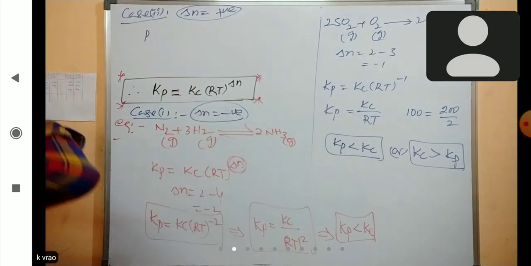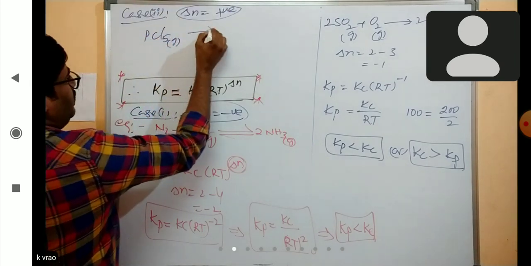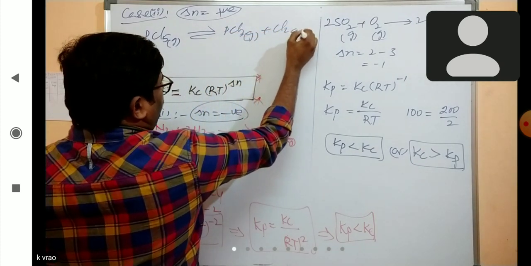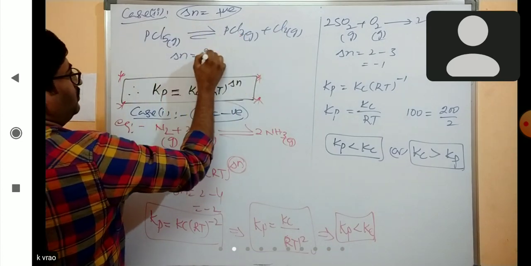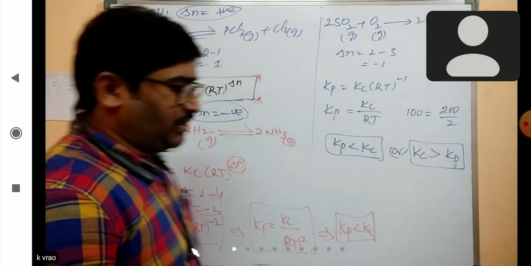So let us take delta n positive. PCl5 gas gives PCl3 gas plus Cl2 gas. So here delta n value is 2 minus 1, which is equal to 1. Delta n is positive.